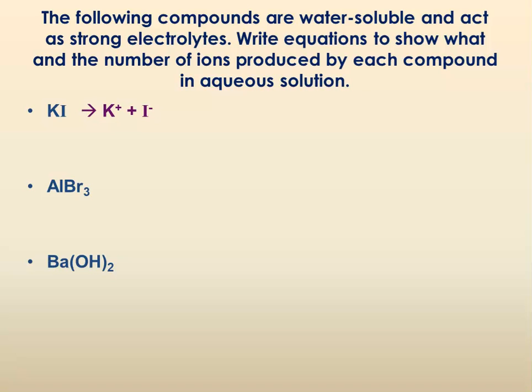But because there are 3 bromines present in that molecule of AlBr3, when I write the chemical equation, I would want to show that 3 -1s would balance out with the +3 of aluminum. And so the total charge on both sides of the equation should be equal. And that was what would make the aluminum bromide that was initially at a charge of 0, that was neutral. Its ions, when they separate, would also still leave you with a neutral charge.